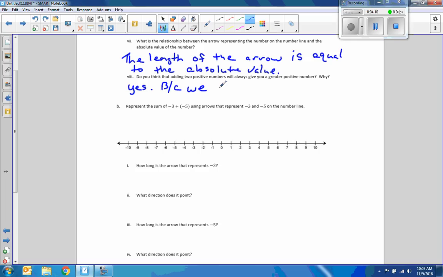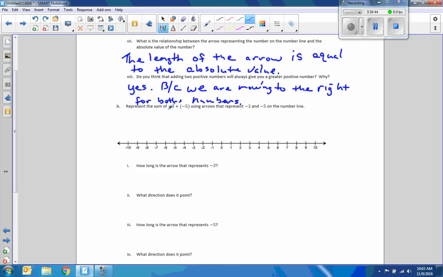So we can easily say, because we are moving to the right both times, for both numbers, and therefore would be further right, which would be greater. I'm not going to write that all out. It's hard to write with this thick.